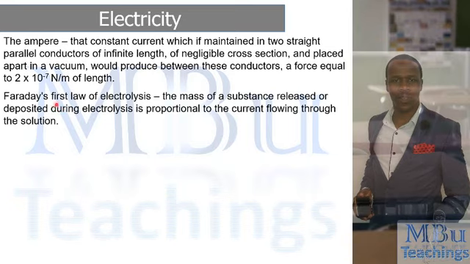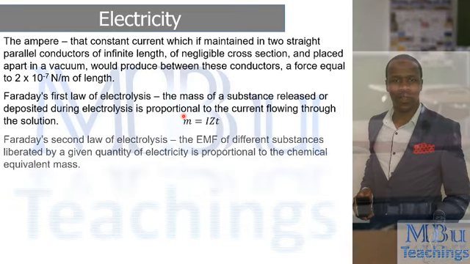So we move to Faraday's first law of electrolysis. The mass of a substance released or deposited during electrolysis is proportional to the current flowing through the solution. This is the formula for it.